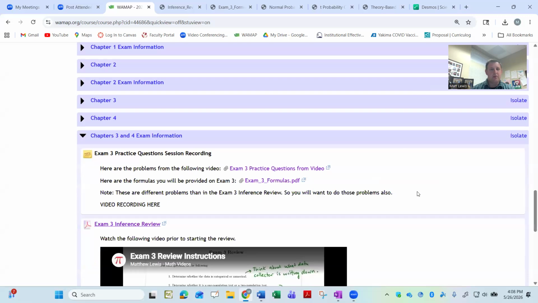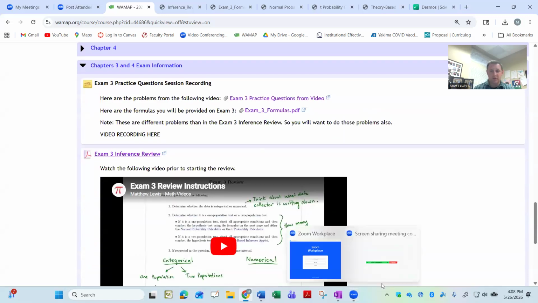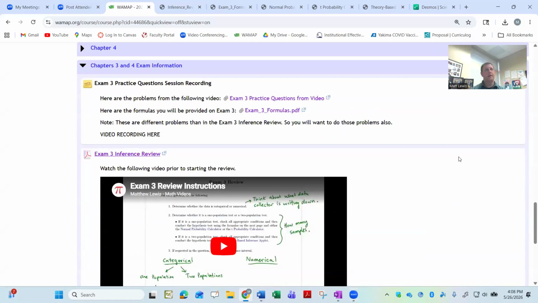Okay. So before we actually do any of the questions, I just want to step back and say, what is it that I'm expecting of you here on this third exam? It's really simple. I'm going to ask you confidence interval questions and hypothesis test questions, but you're not going to know what type of confidence interval and what type of hypothesis test to do.